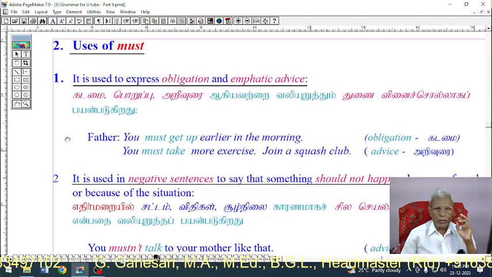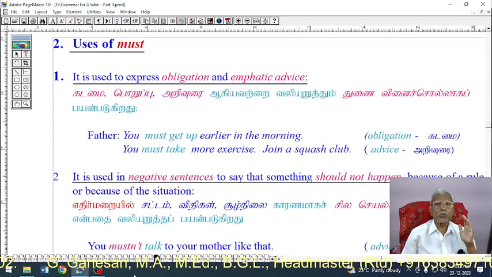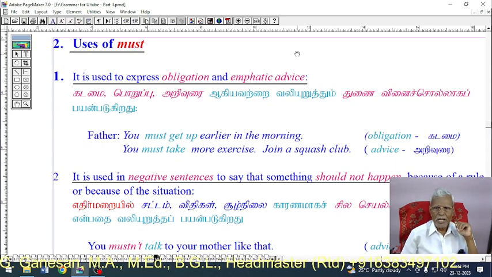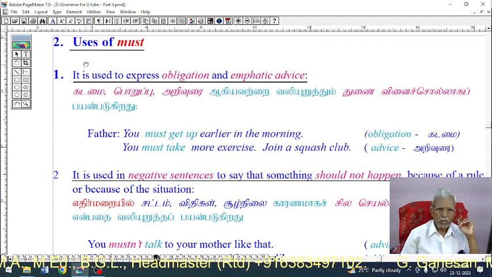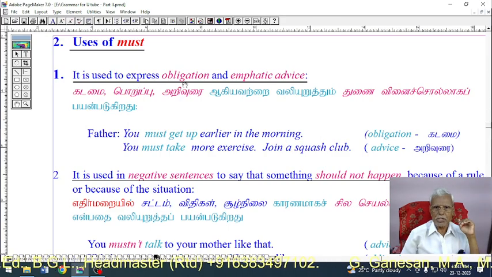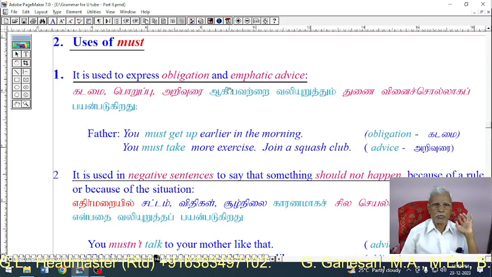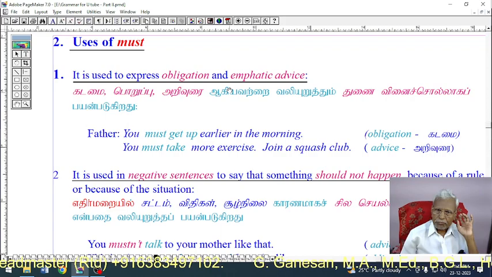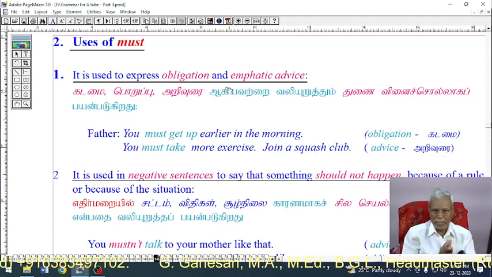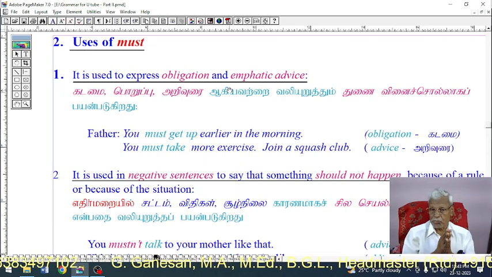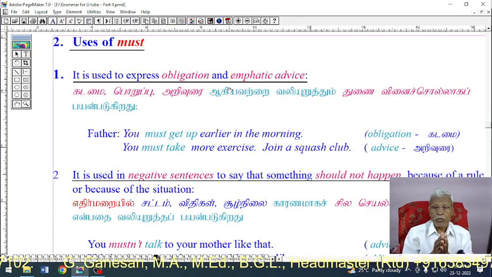Now, the second, let us see the use of must. I have given only some 5 important uses of must. It is used to express obligation and emphatic advice. It is used to express the obligation of the subject and emphatic advice.